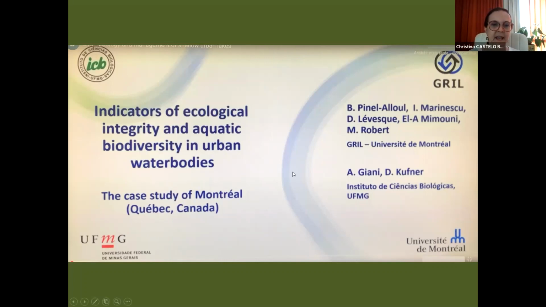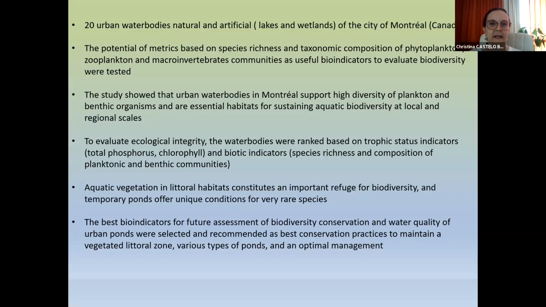So, indicators of ecological integrity and aquatic biodiversity in urban water bodies. This study focuses on 20 urban water bodies, natural and artificial, lakes and wetlands, in the city of Montreal, Canada.